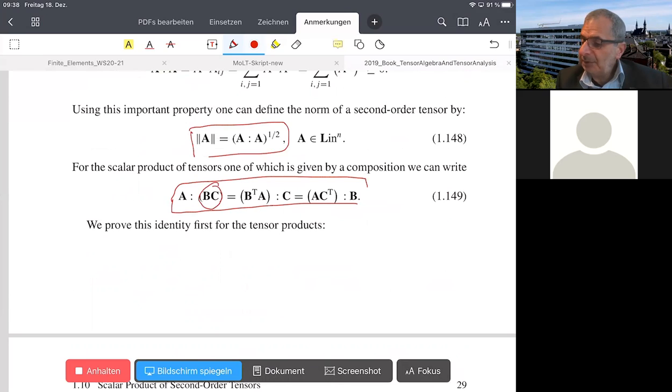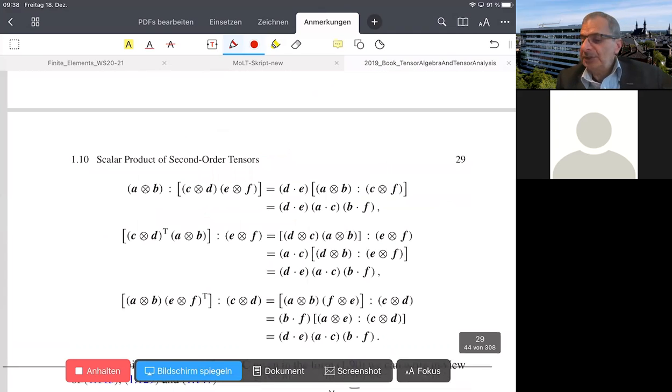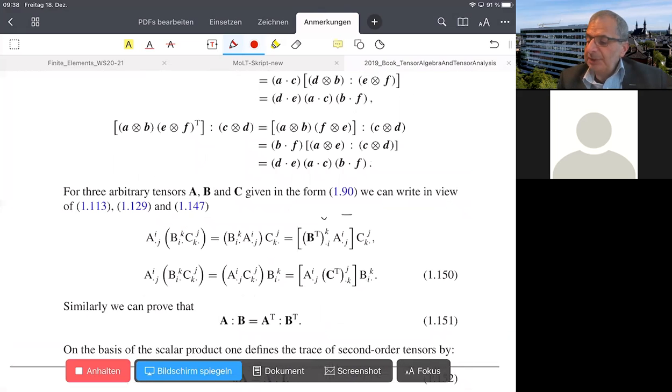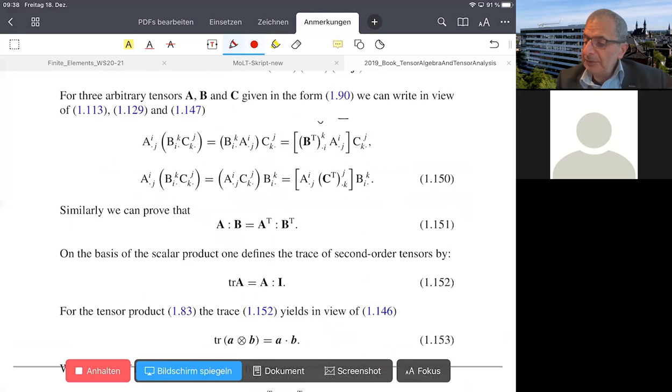You see here, we move here B with transposition to the left, or C with transposition to the right. Here, the second part of the formula, and we proved this formula in two ways using this tensor product or using purely components, right? Another formula we used today in the exercises is that the scalar product of two tensors does not change if you transpose both of them, right?